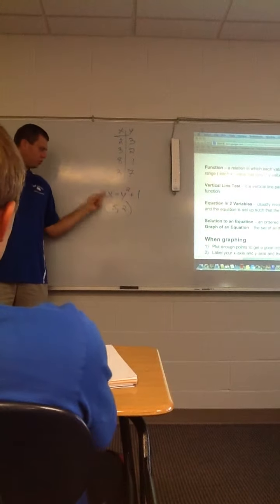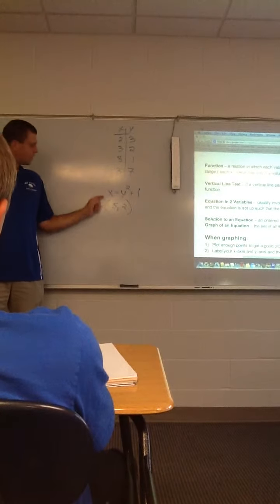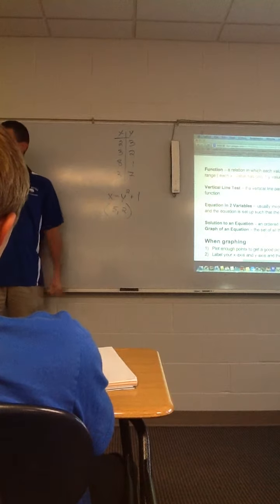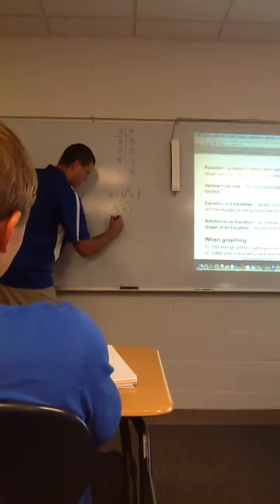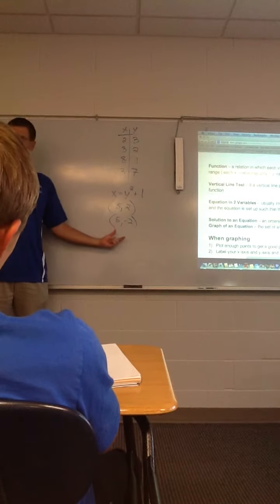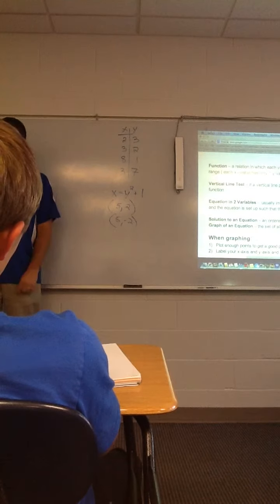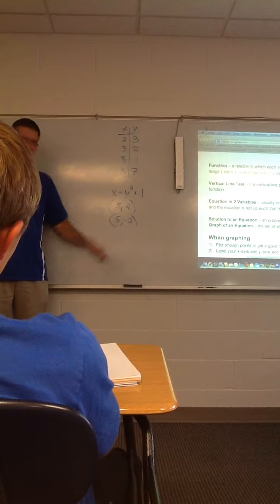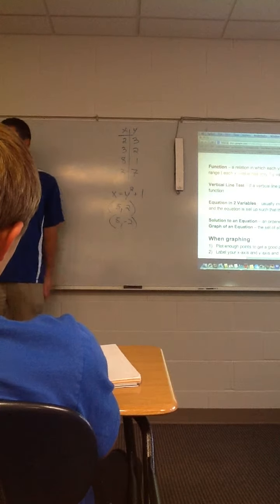Would this be a solution to that equation? You plug in a 5 for x and a 2 for y, does it satisfy? Yeah. Is that also a solution to this equation? Yes. So one time you plug in a 5 and out comes a 2, next time you plug in a 5, out comes a -2. Therefore this is not a function.